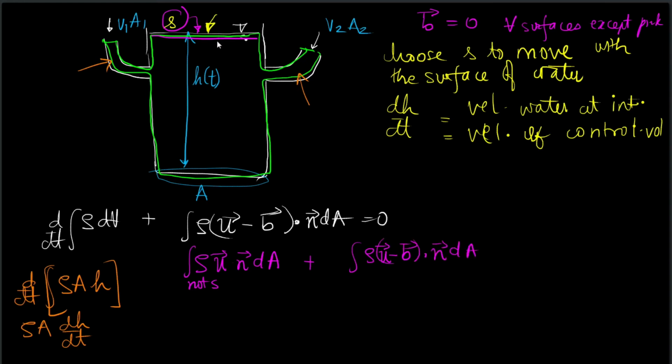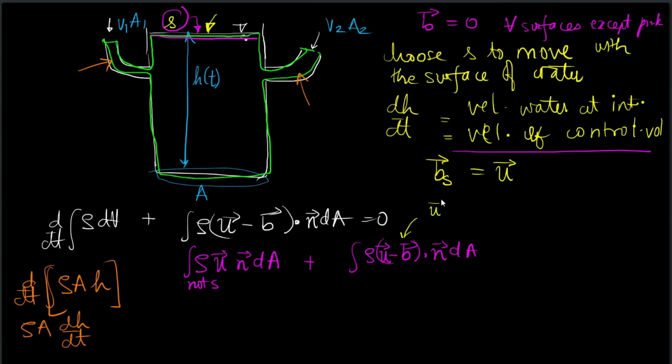Because the surface itself is moving with the velocity of the water, the relative velocity of the flow with respect to the velocity of the surface is equal to 0.